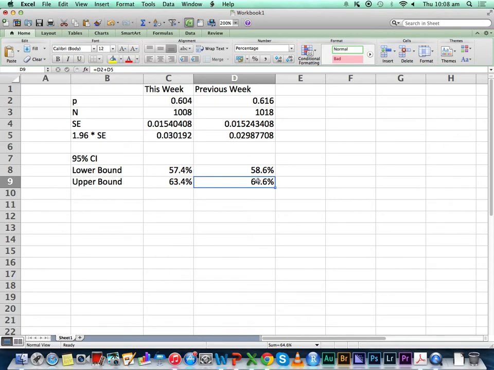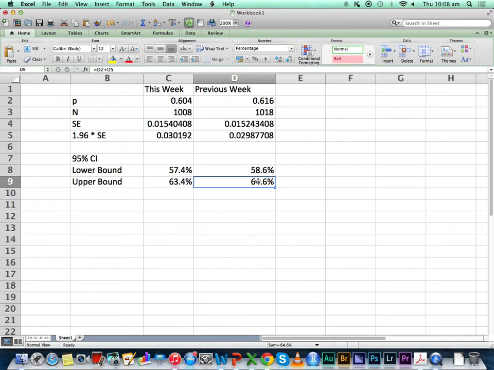And if the confidence intervals overlap, we can conclude that there is no significant change or difference between these two.